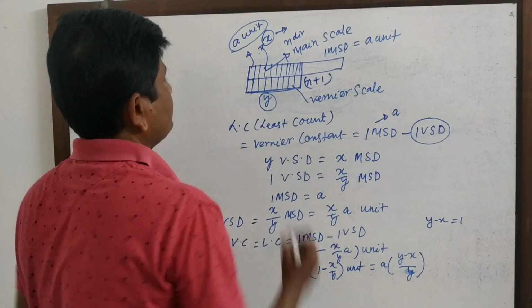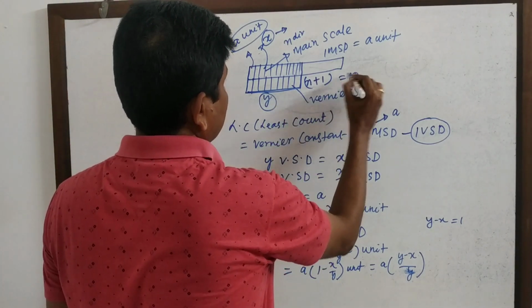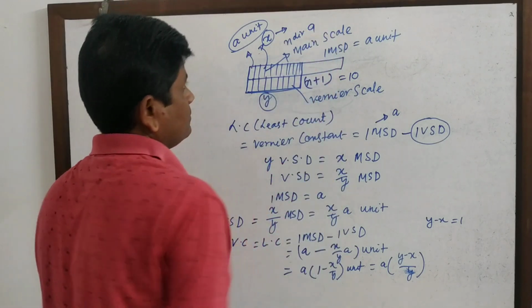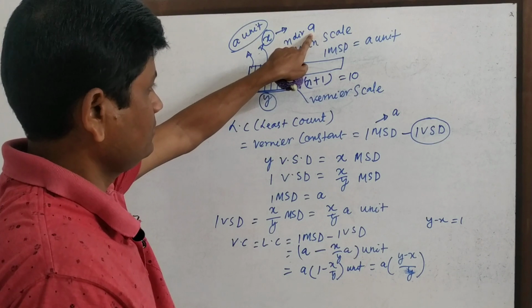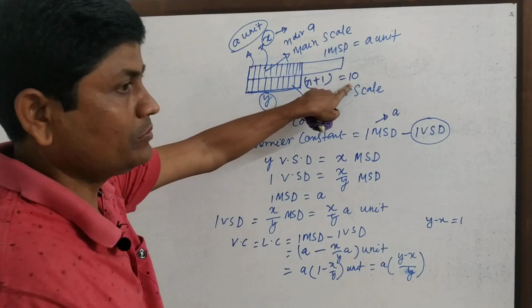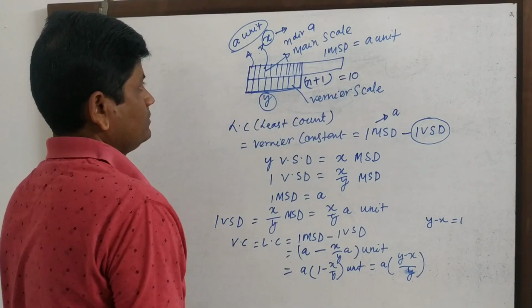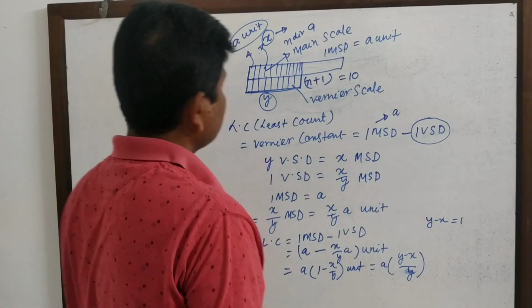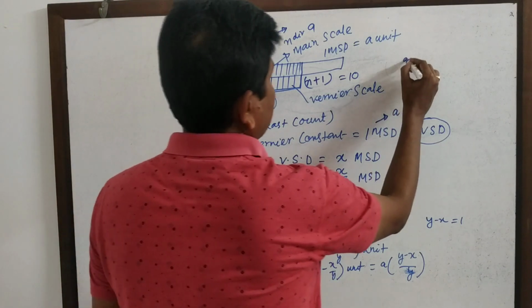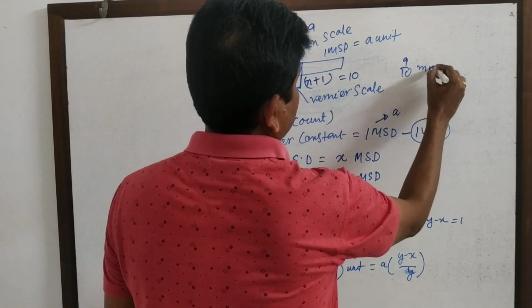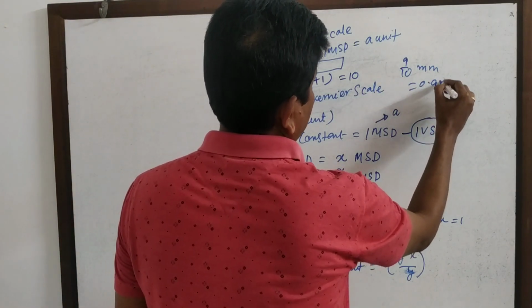If Y has 10 divisions, then the main scale has 9 divisions. That is, 9 divisions of the main scale are equal to 10 divisions of the vernier scale. Then what will be the length of 1 VSD? Obviously 9 by 10 mm, that is 0.9 mm.